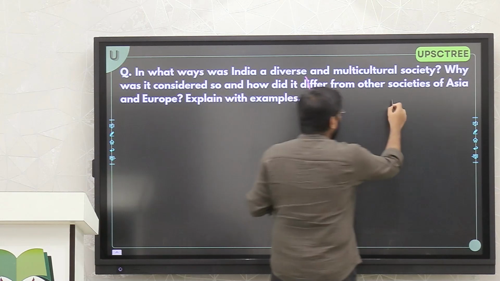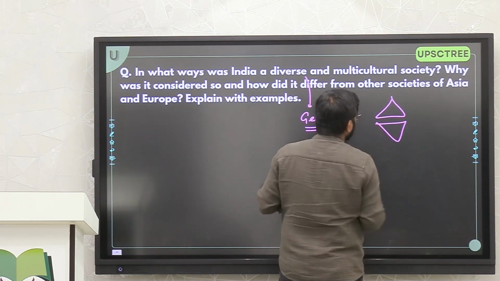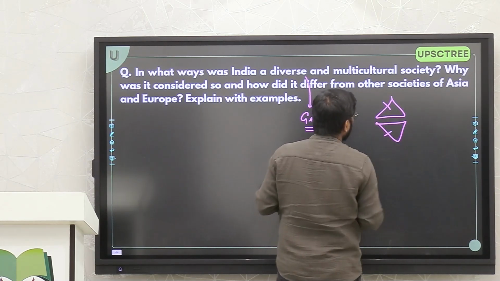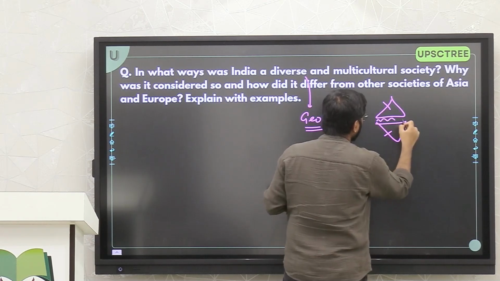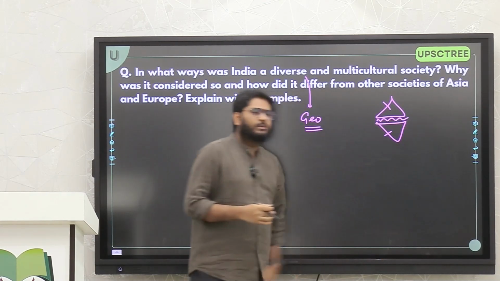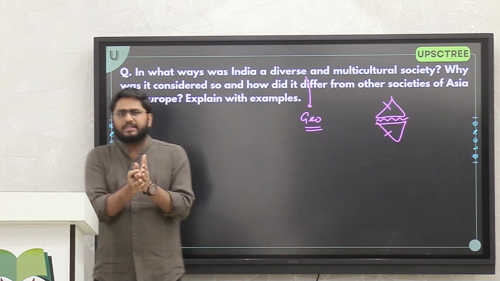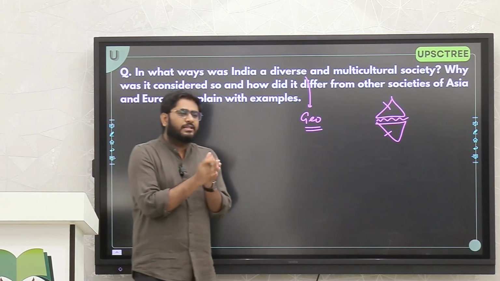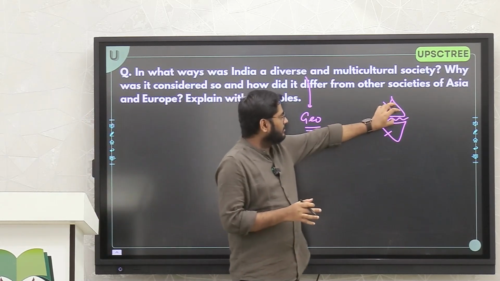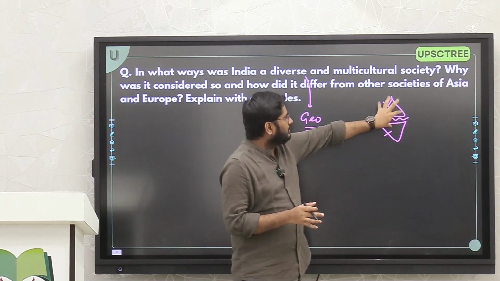So for a long period of time, we had a North India and a South India, and in between them there was a physical barrier, the Vindhya Satpura range, and this barrier ensured that there was no cultural assimilation. Instead we found cultural diversity.